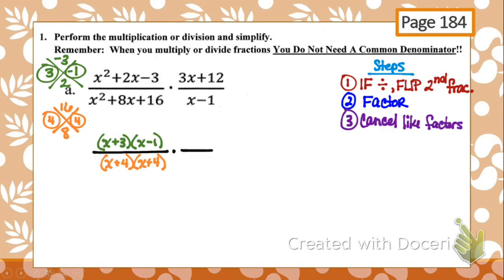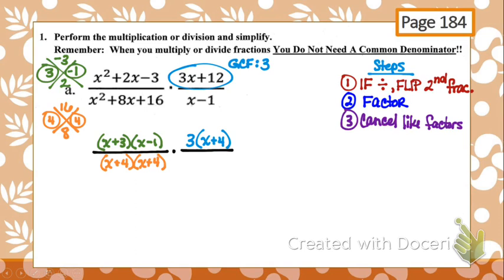We're multiplying this. Does this numerator factor? Yes. What can I take out? 3. So let's take that GCF of 3 out. What would I have remaining if I take the GCF out? X plus 4. Does the denominator of the second fraction factor at all?